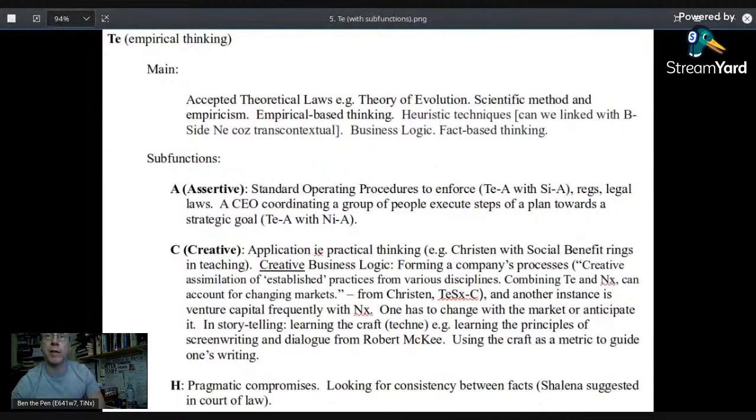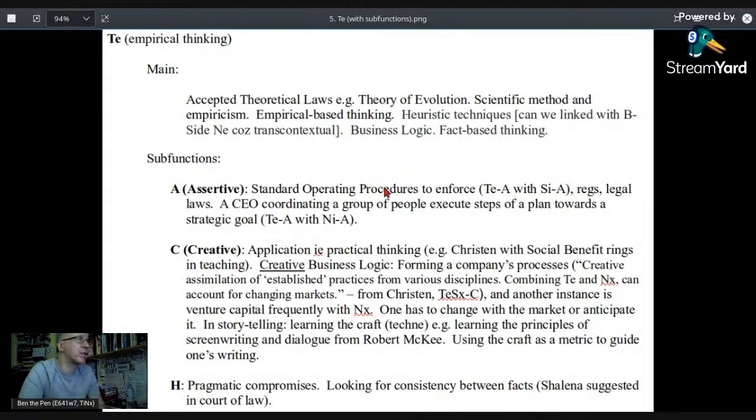So you can see there the creative part of TE. And I can imagine that ISFP might be more likely to use that if they're like an Enneagram 4. And I think, yeah, pragmatic compromising, looking for consistency between facts. I can see ISFP going towards that as an accommodator, because there's an overlap between accommodating and harmonizing.